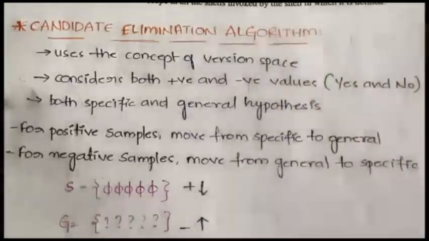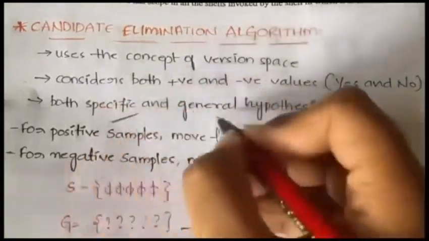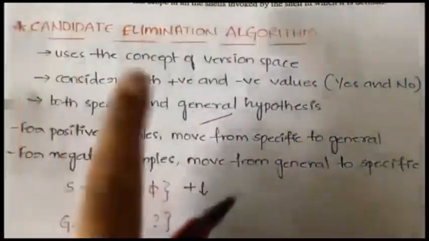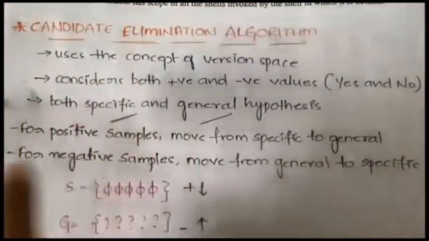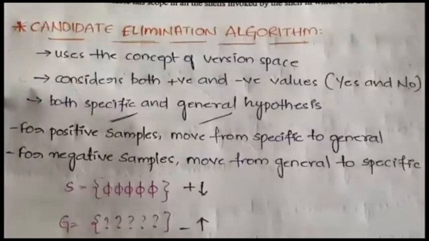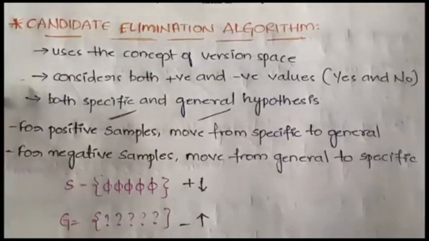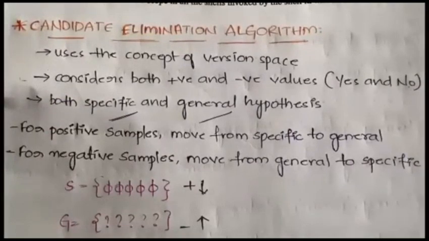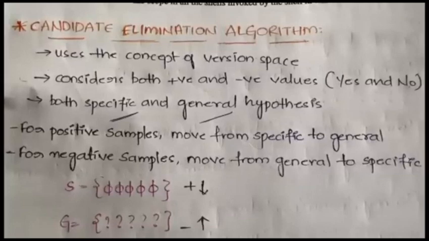The specific hypothesis is represented by the symbol phi, and the general hypothesis is represented by the question mark symbol. For the negative samples, it moves from the general to the specific hypothesis.